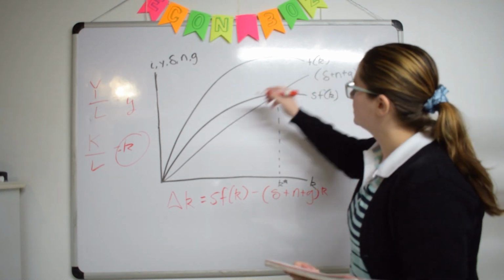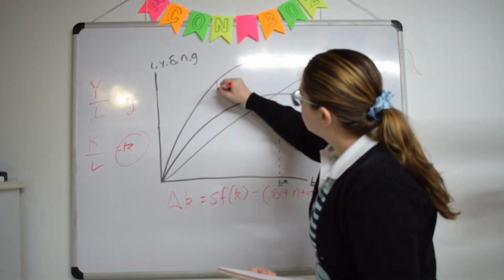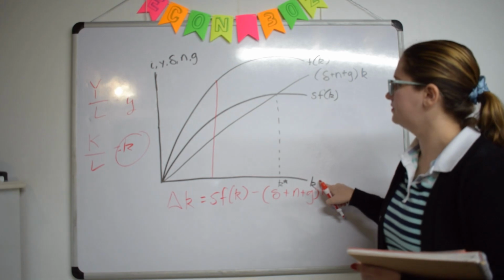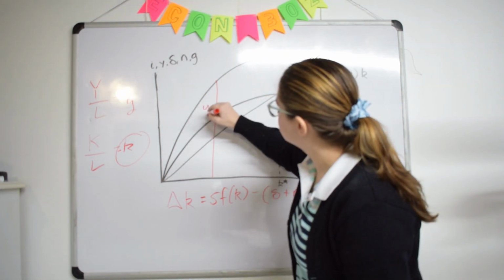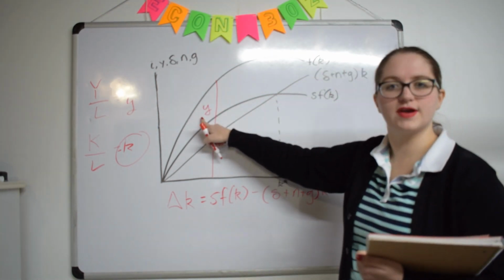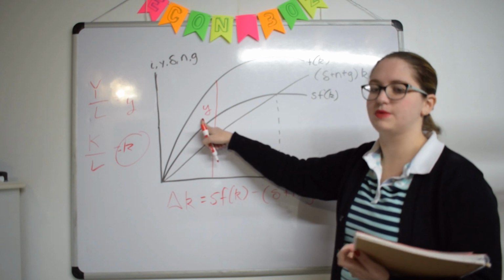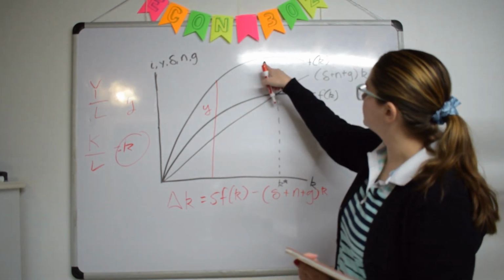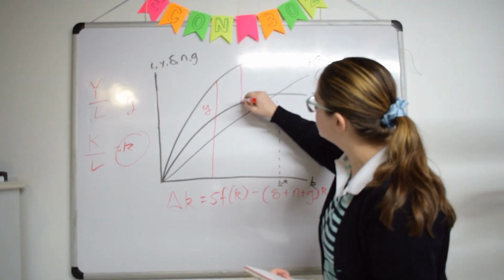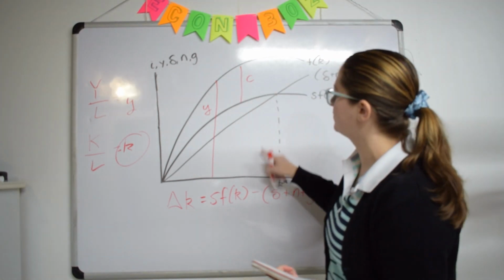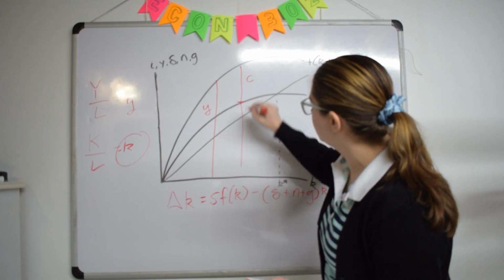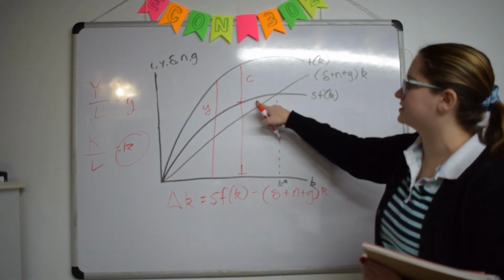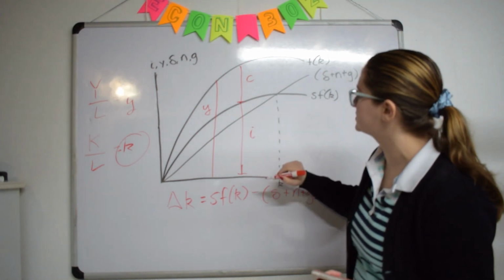So remember, between the production and the x-axis, which is capital, this is what we have for our income, or what we produce in GDP. Between the savings rate and the production function, this is what we consume. And then below, between the x-axis and the savings function, this is what we invest.